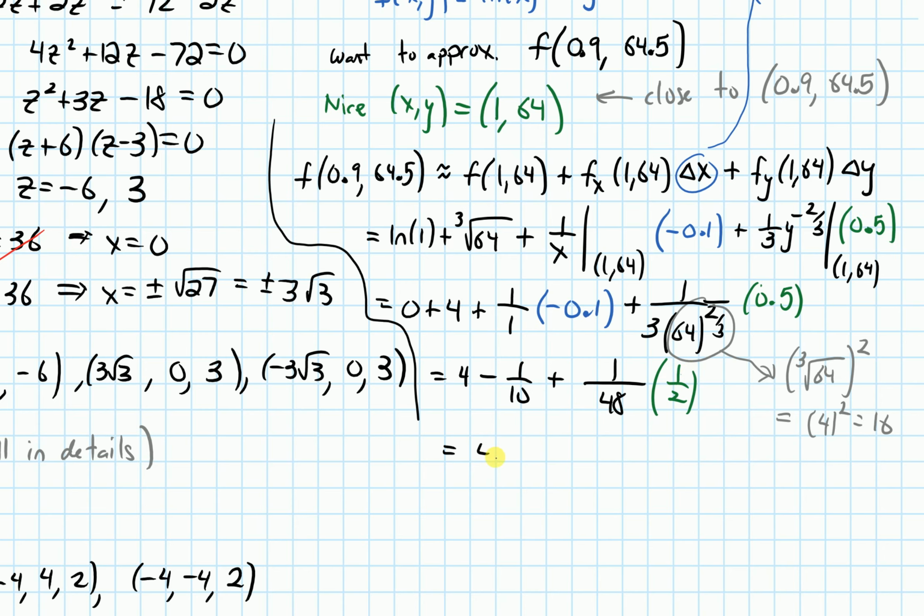So we have 4 minus 1/10 plus 1 over 96. From here it's just working out what this is, so I'm going to tell you it ends up being 1877 over 480 when I simplify it. And that's my answer.